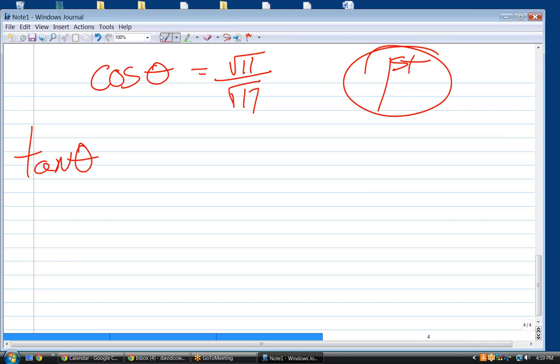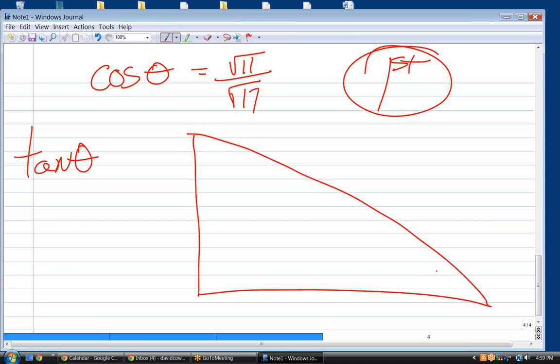Okay. How do I proceed? So would you make a triangle first? Not just make a triangle, but make a triangle and label theta. Because if you don't label theta, you can't dimension this triangle.